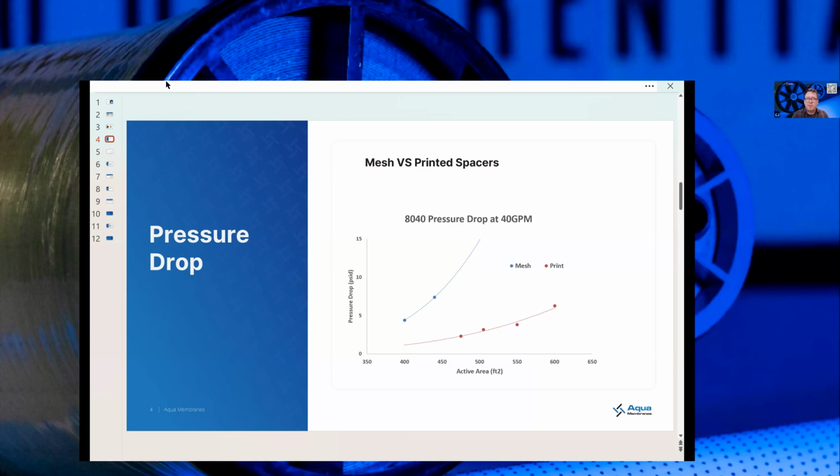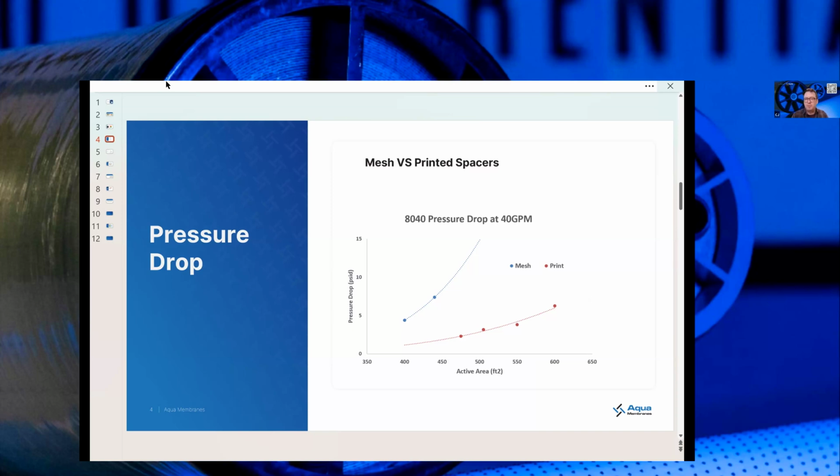What's important to think about is that this is also available with a mesh or any other material. You can go thinner, you can get more membrane area in there. The pressure drop is the reason that it typically hasn't been done before. So in here, what I'm showing is an active area for an 8-inch element on the x-axis, and then pressure drop at 40 GPM on the y-axis.